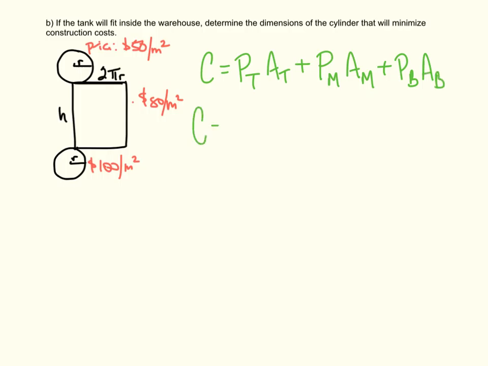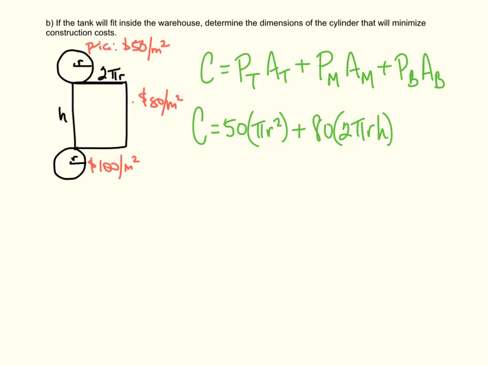Okay, so let's sub that in. Your price of the top is 50, and the area of the top is just a circle, so pi r squared, plus the price of the middle is 80, and then the area of the middle is 2 pi r, right, because it's essentially a rectangle, times your height.